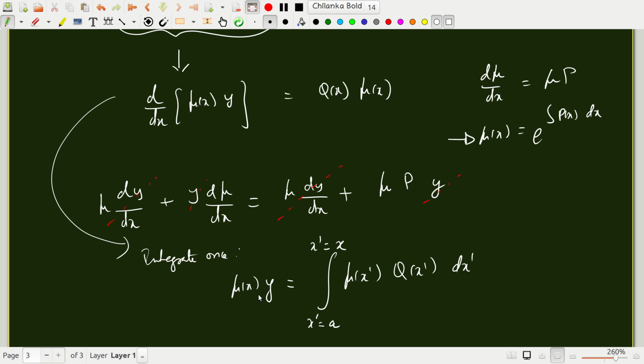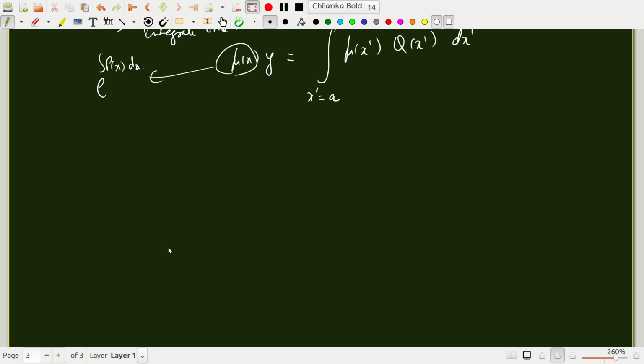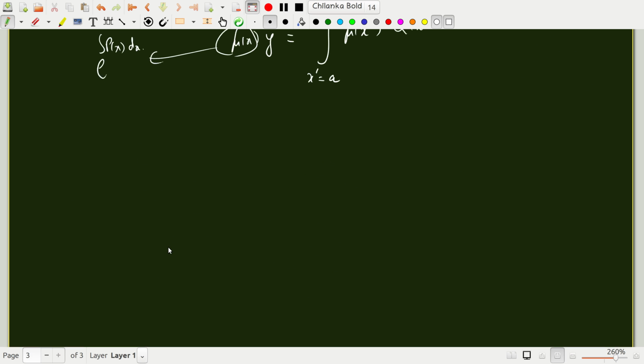This is the solution of this equation, where mu of x, the integrating factor, is e to the integral p of x dx. This is something that we encounter many times in process control. It is one of the simplest equations that has an analytical solution. So let's do an example.